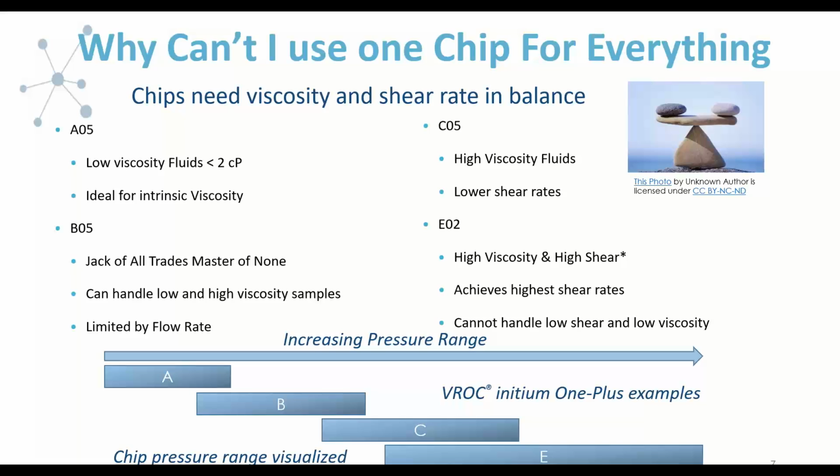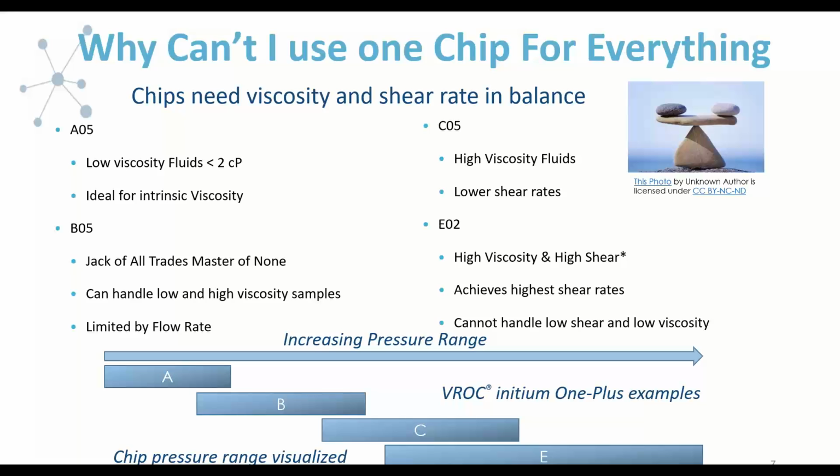And so to answer the big question, why can't I just use one chip for everything? It's because chips need the viscosity of the fluid and the shear rate in balance. What that means is the pressure that the chip withstands is a combination of both the viscosity of the fluid and the shear rate that you are shearing the fluid at.